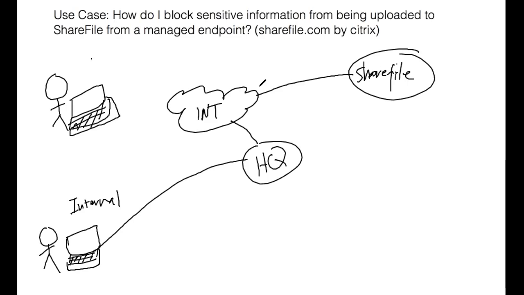At the current setup, it will go through because nothing is monitoring the endpoint. So the question now is, how do I block sensitive information from being uploaded to ShareFile from a managed endpoint? I told them it's easy. Let's install an endpoint agent on your workstations.